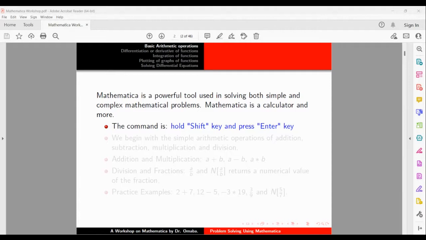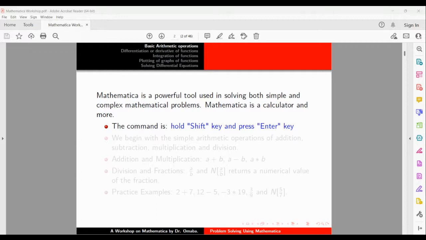So we just do the basics so that our students and some of us lecturers that don't have the knowledge before can appreciate. So we just introduce a little. I'll be showing some of the commands, and then we'll practice them also.